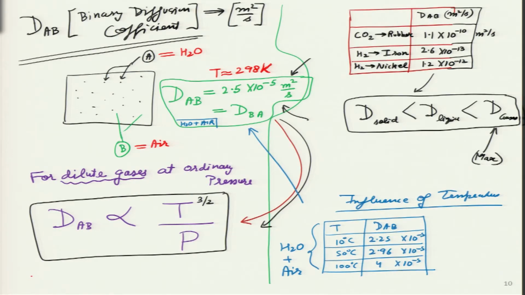Then we spent some time analyzing, for different types of materials like solids, liquids and gases, what the order of magnitude of the binary diffusion coefficient is. What we found is that in gases that value is very high. In the case of solids, given in the table over here, that value is extremely low. So, diffusion is a mechanism which takes place very fast in gases, because gases allow other particular species to move through them very fast.